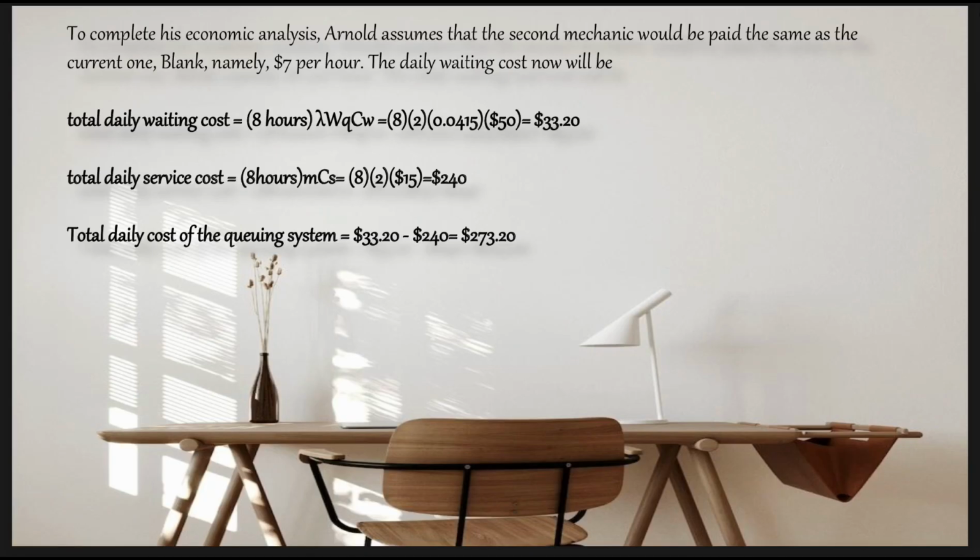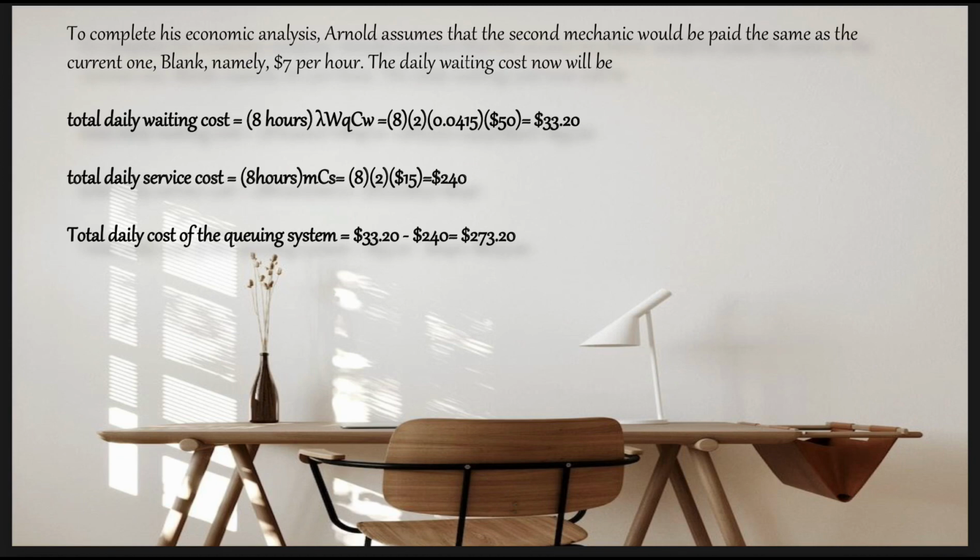To complete his economic analysis, Arnold assumes the second mechanic would be paid the same as the current one, namely $7 per hour. The total daily waiting cost is 8 hours. To get the sum, multiply the 8 by 2 by 0.0415 by $50, and the total daily waiting cost will be $33.20. Next is the total daily service cost.